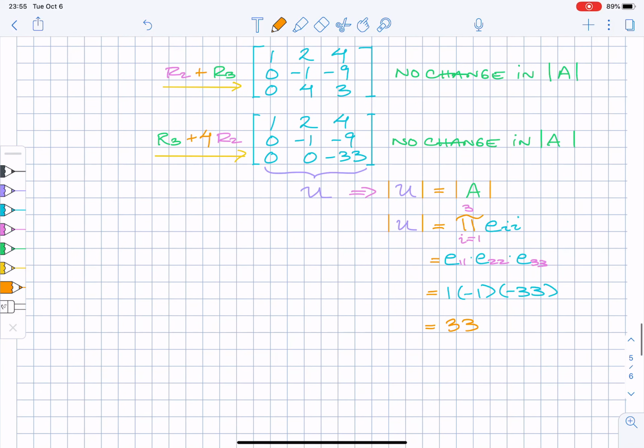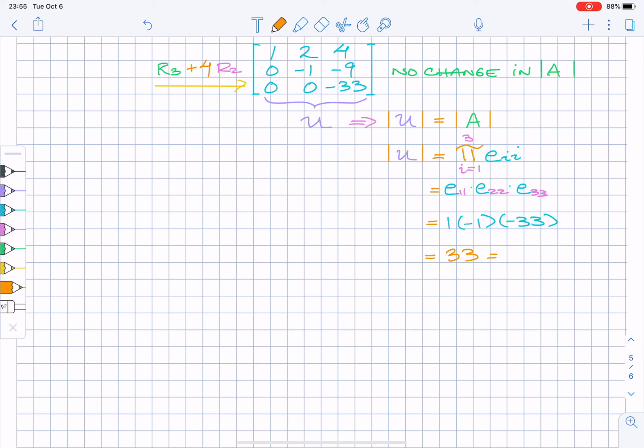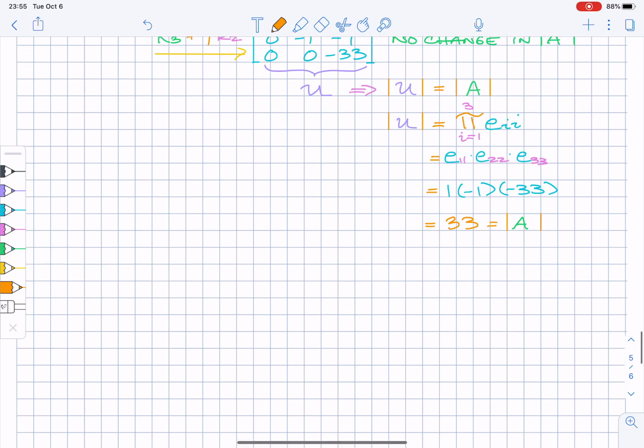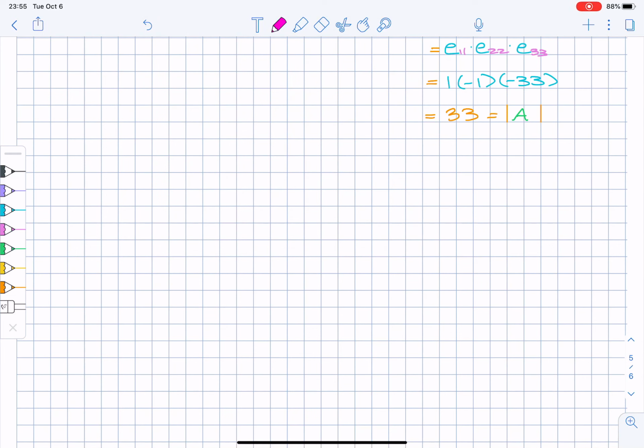Well, let's check it. I claim that that is the determinant of A. Well, I can check it using my augmented matrix thingy. Okay, so let's check. And of course, thingy is a technical term. Okay, so the determinant of A is going to be the determinant of, move this, I can't stand that.